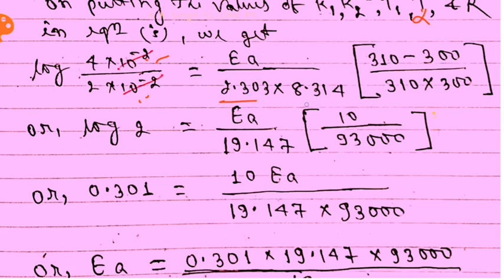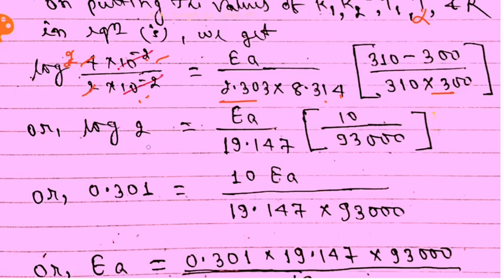2.303 into 8.314, that is the value of R, into 310 minus 300 by 310 into 300. Or log, 10 to the power minus 2 and 10 to the power minus 2 cancelled, and log 4 by 2 is log 2.